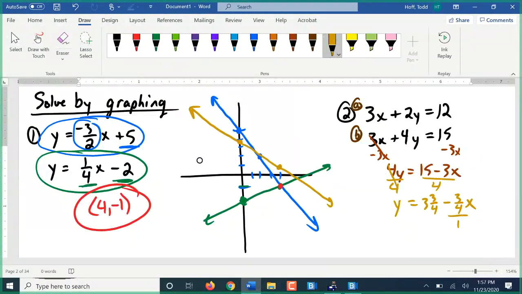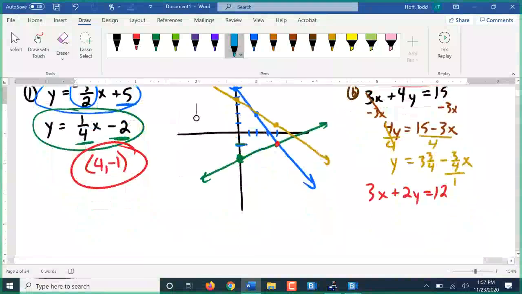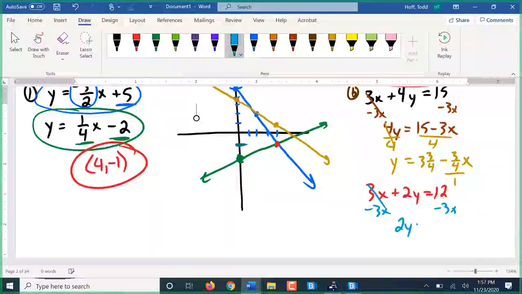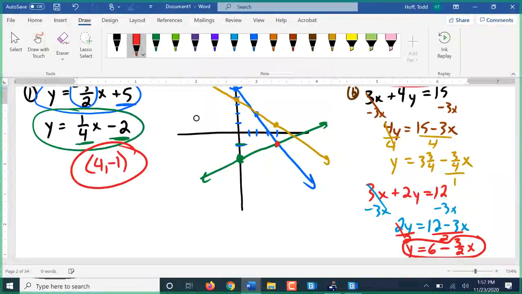Now we're going to look at equation A. 3x plus 2y equals 12. To solve that, we're going to subtract 3x. So 2y equals 12 minus 3x. And divide by 2. Y equals 6 minus 3 halves x, because negative 3x divided by 2 is negative 3 halves x.